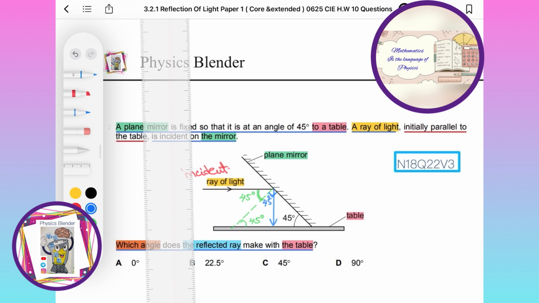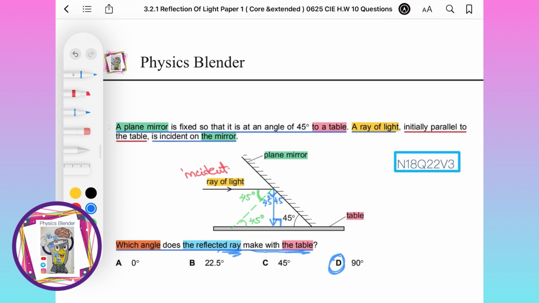And this 45, so this will be 90. So it means the reflected ray makes an angle of 90 degrees with the table. The answer is D. Is it clear? Okay, so this is question 2.